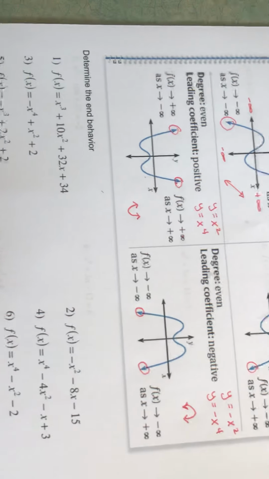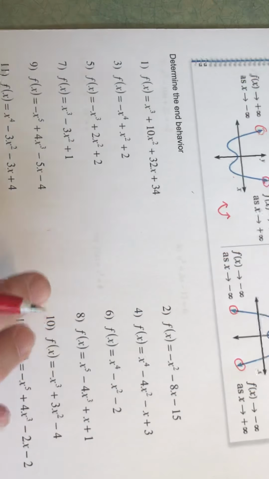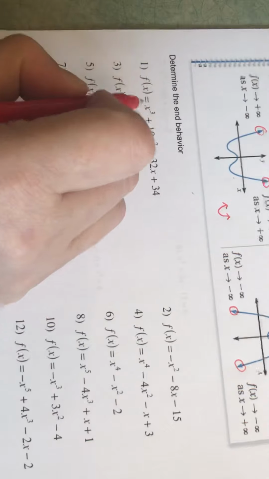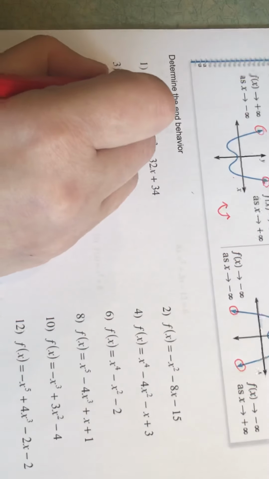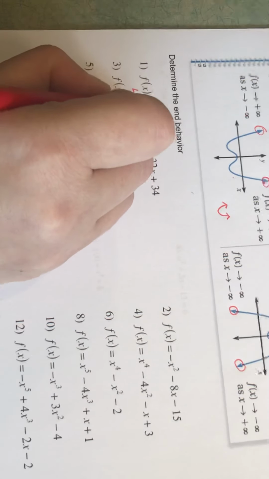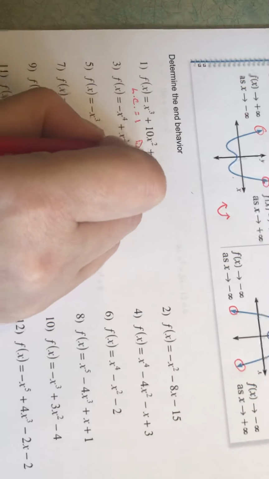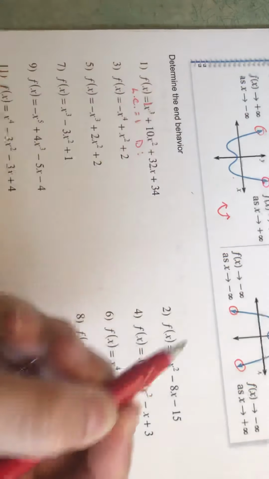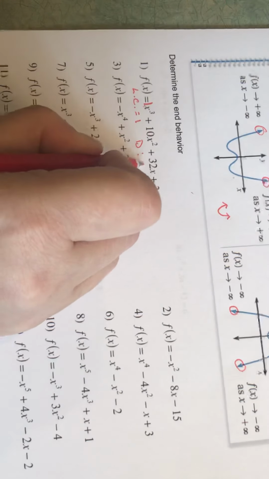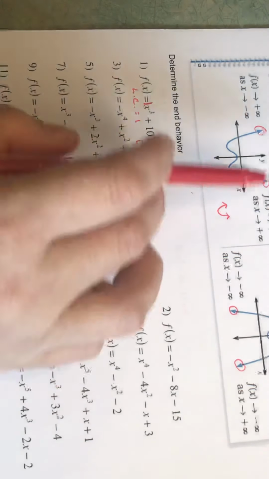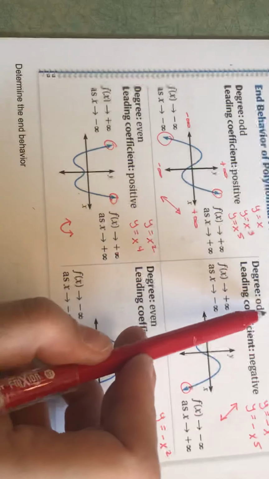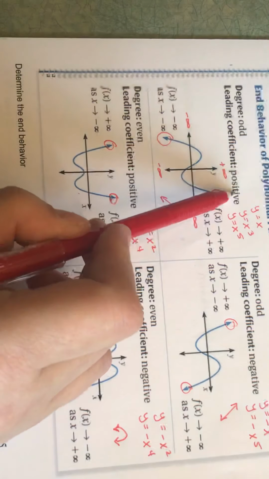Okay, so then using that, we can predict end behavior. Here I have a leading coefficient of 1, there's an invisible one there, and the degree is 3. So I go to my chart, and this is odd and positive.